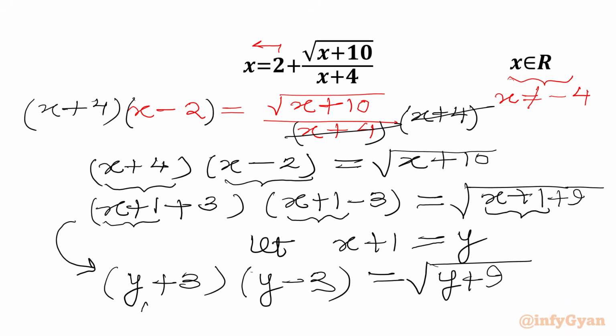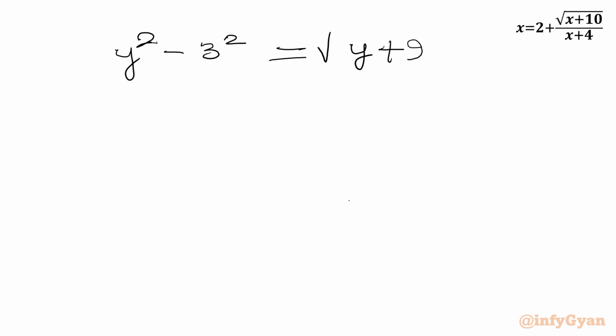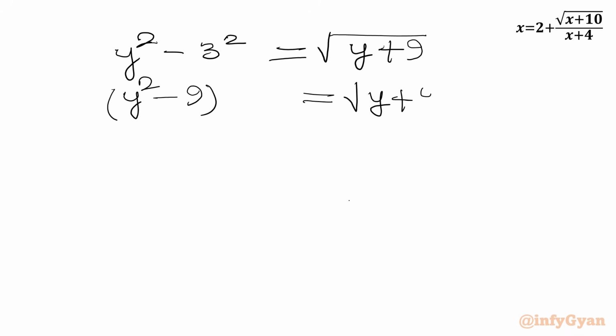We will use difference of two squares formula over here. We can write y square minus 3 square. So we will write y square minus 3 square equal to the square root of y plus 9. Now we will write here y square minus 9 equal to the square root of y plus 9.